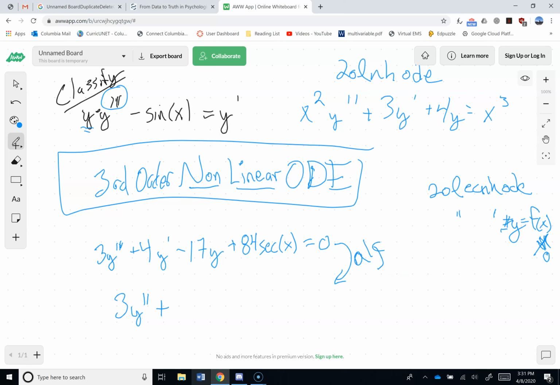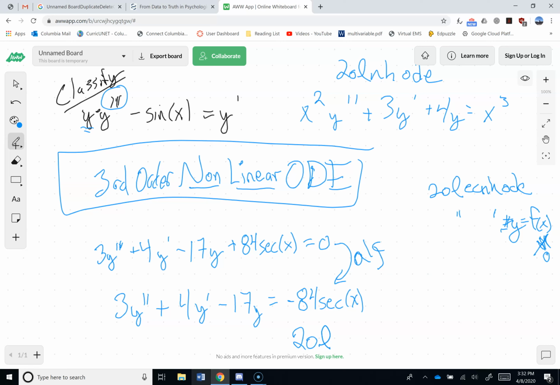So you can rearrange this into 3y double prime plus 4y prime minus 17y equals minus 84 secant of x. Now it's second order, because I have a y double prime. It's linear because I was able to rearrange it into the linear form.